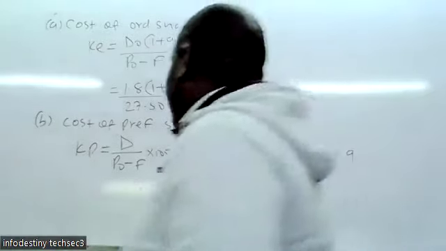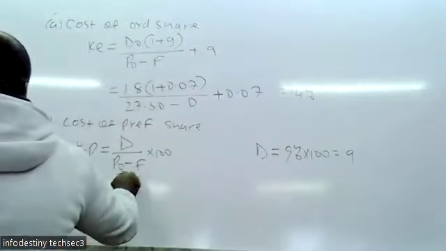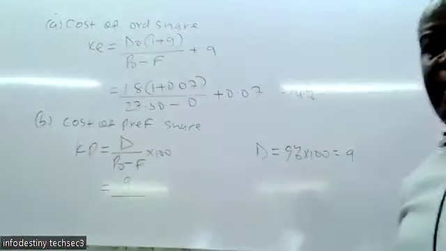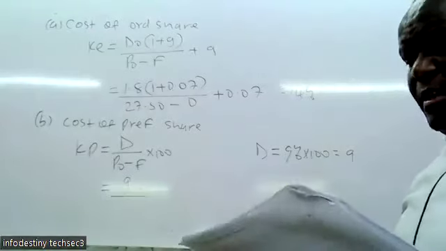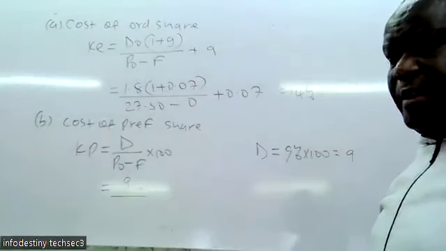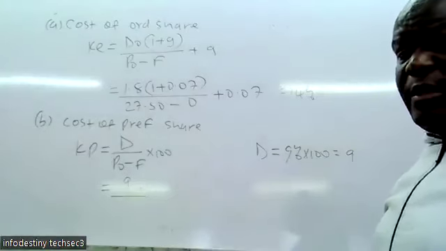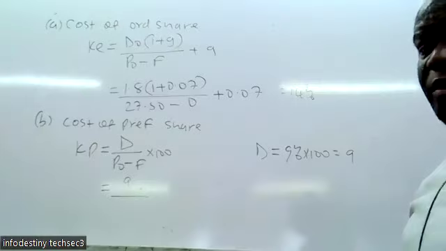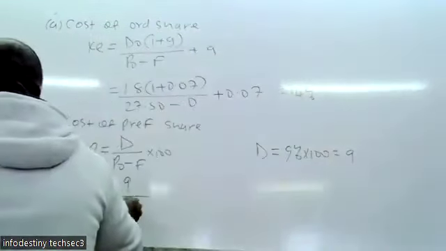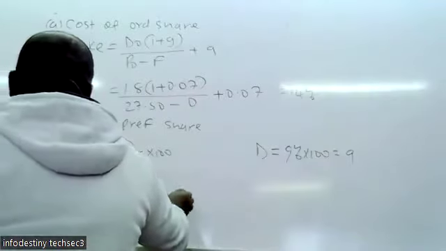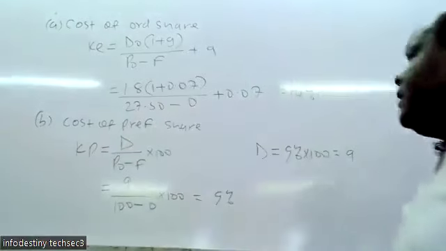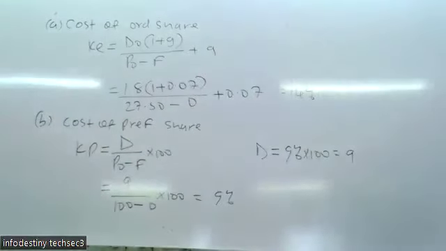So it will be 9 divided by P0, where P0 is the current market price per share. But the question did not give us the current market price per share, so we assume that the preference share was issued at par. So we still divide by 100, and because there was no flotation cost, when you express it as a percentage, it will still remain 9%.